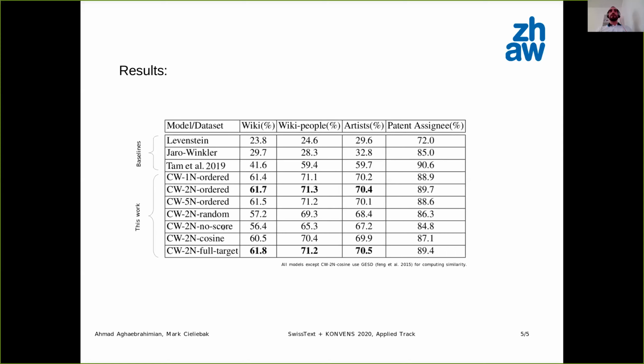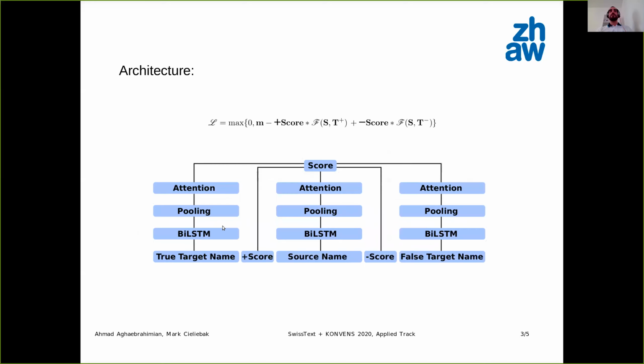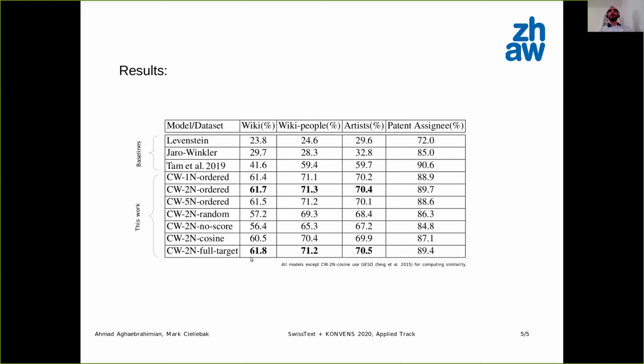No score is an ablation study to find out the importance of pre-computed scores. Essentially, we remove this from the objective function. All the models are trained using the similarity function called geometric mean of Euclidean and sigmoid dot product, proposed by Feng et al.